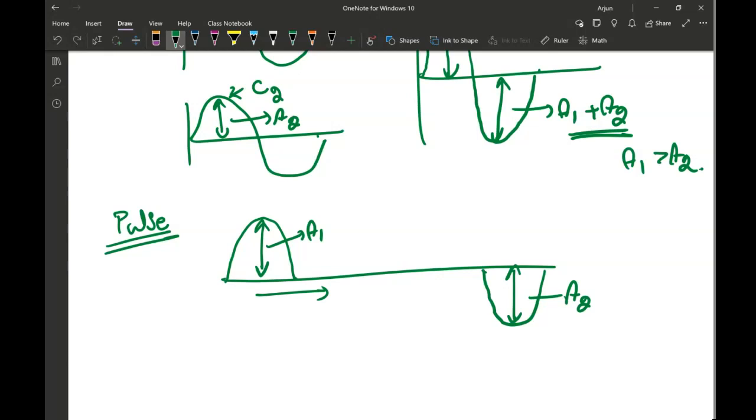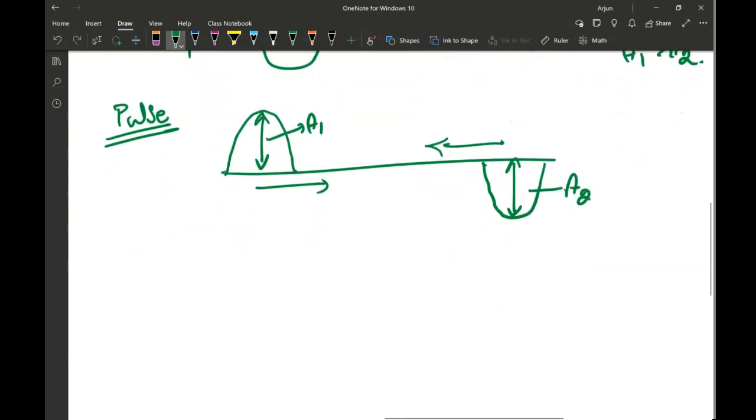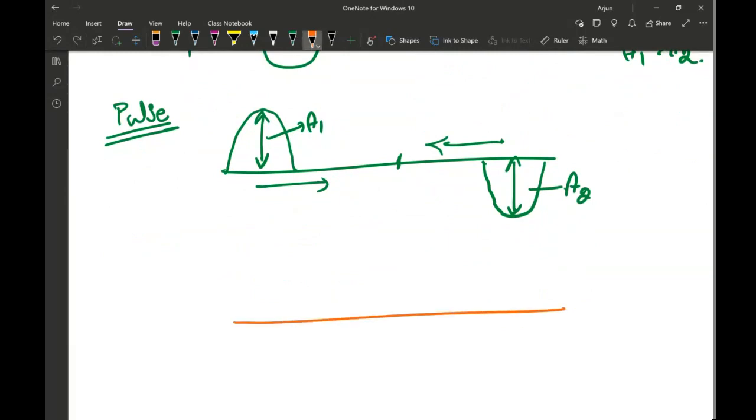This wave is moving in the forward direction, this wave is moving in the opposite direction. So let's suppose they meet at this particular point. At that particular point, the wave which is going to get generated will be A1 minus A2.